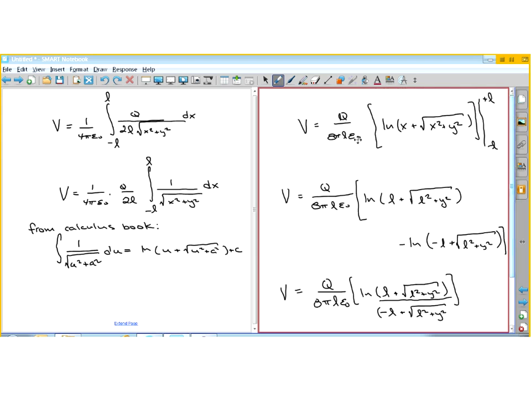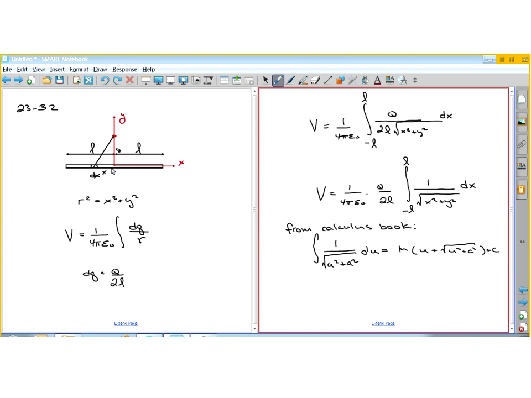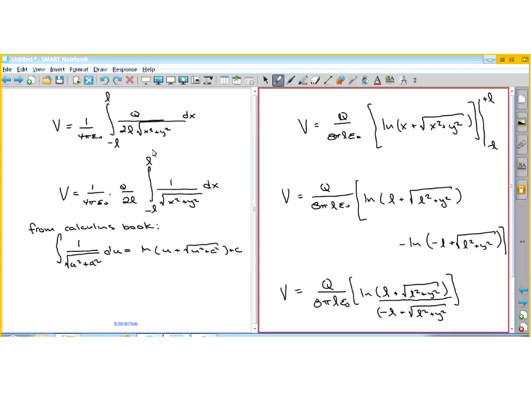And that is it. Now one thing I thought about was, what if I integrated from 0 to L? Because of the symmetry of this problem, if I calculate the voltage due to this half, could I just double it to account for the other half? And the answer should be yes, though I have not verified it.